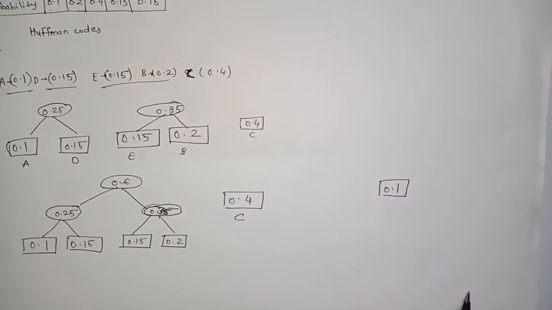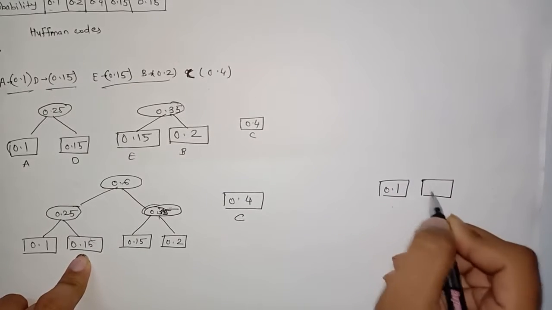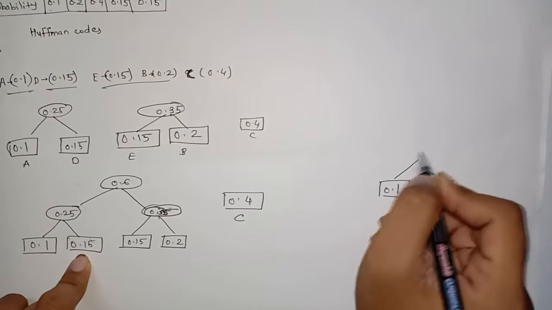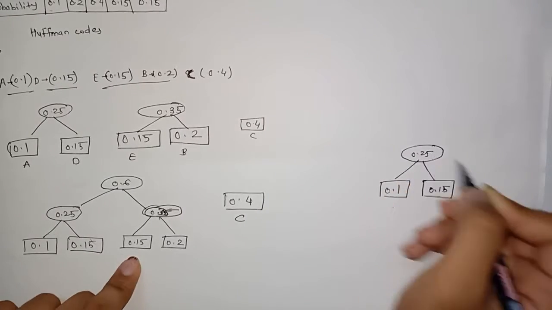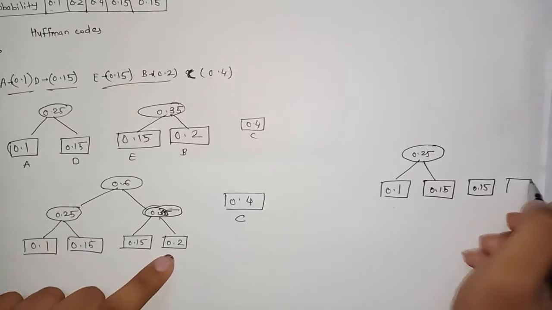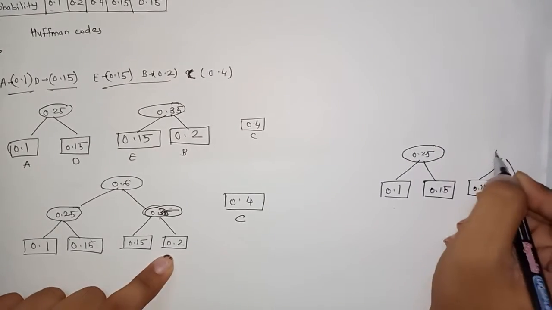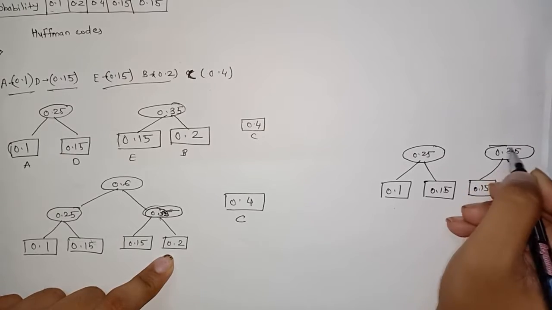Now to create the whole tree, write as it is, that is 0.1, 0.15, the sum is 0.25. Now the 0.15, 0.2, the sum is 0.35. Remember, it is 0.35.